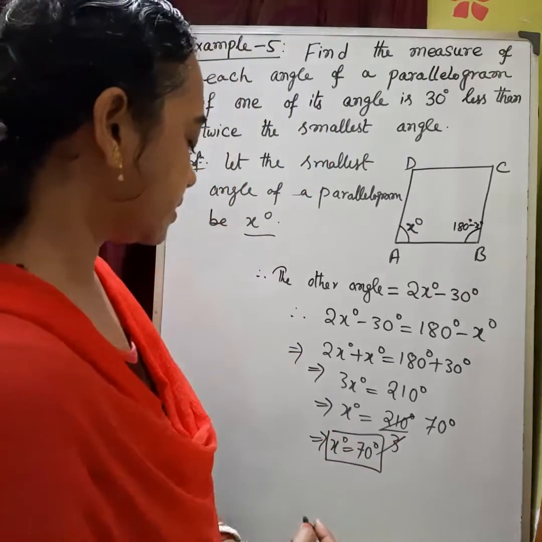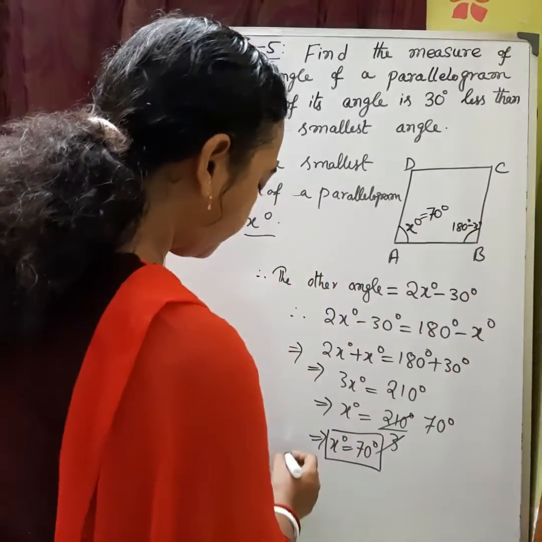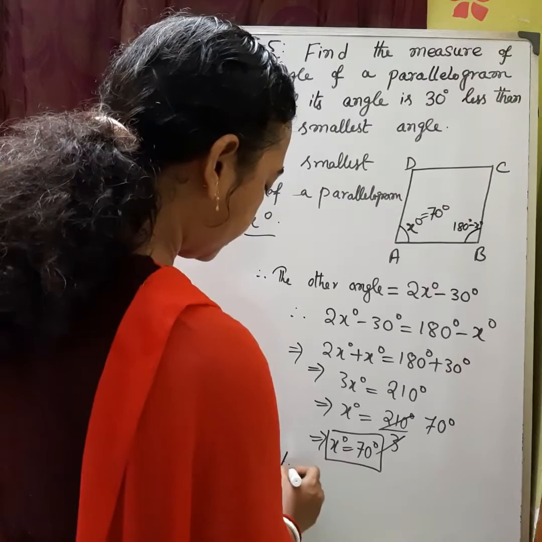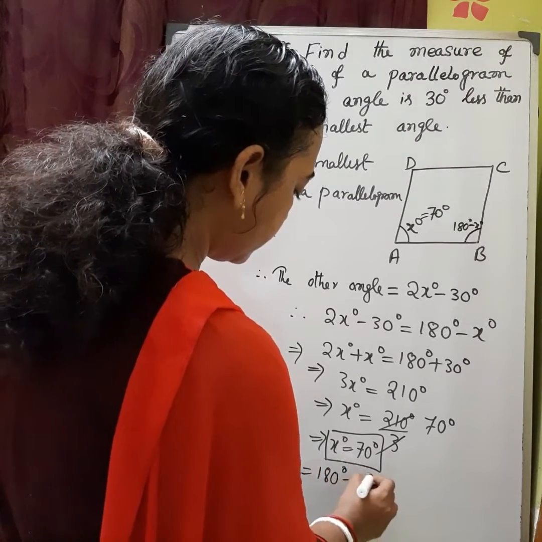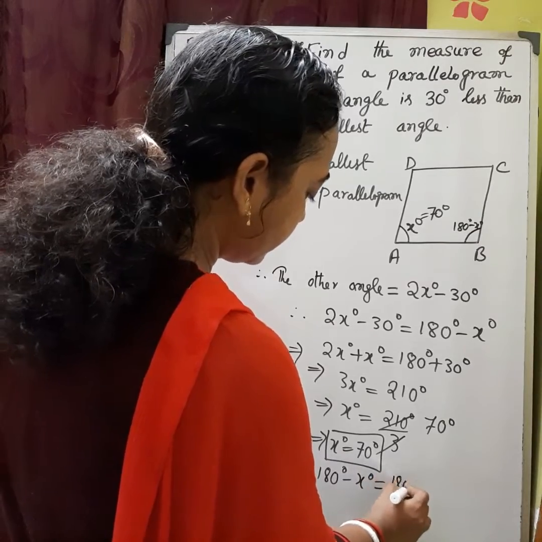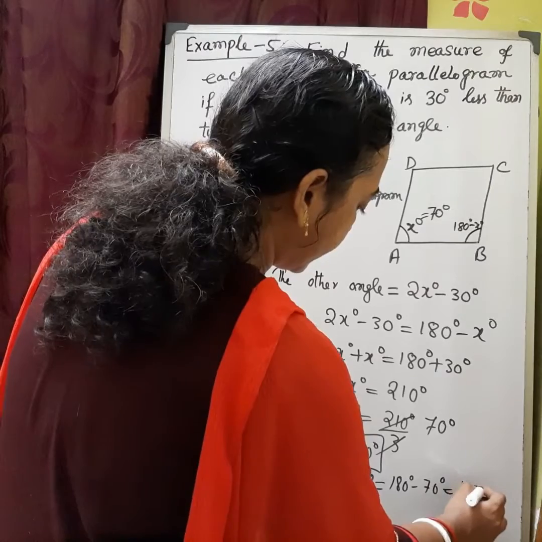So here x degree means the smallest angle, whose value is coming 70 degree. Therefore another angle, that is angle B, will be equal to 180 degree minus x degree, is equal to 180 degree minus 70 degree, is equal to 110 degree.